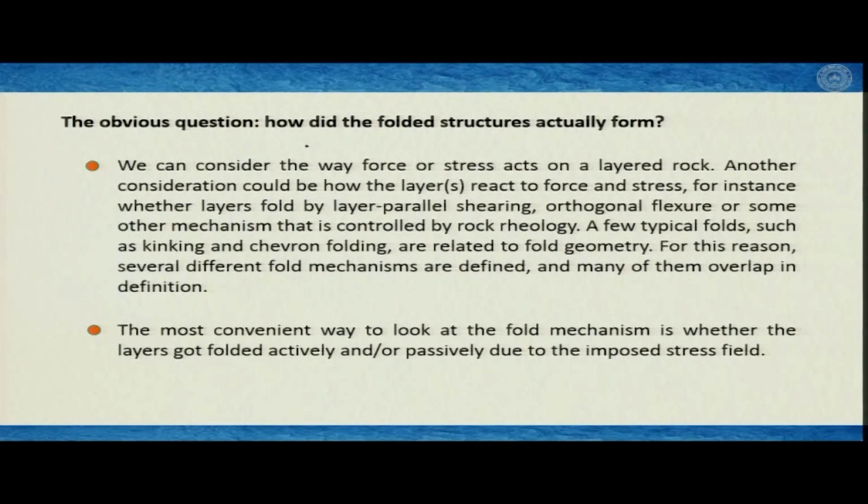And apart from this, we have a few typical folds, such as kinking and chevron folding. They are related mostly to fold geometry. So, all these complexities are there, and for this reason there are several different fold mechanisms in the literature, and many of them sometimes overlap each other.